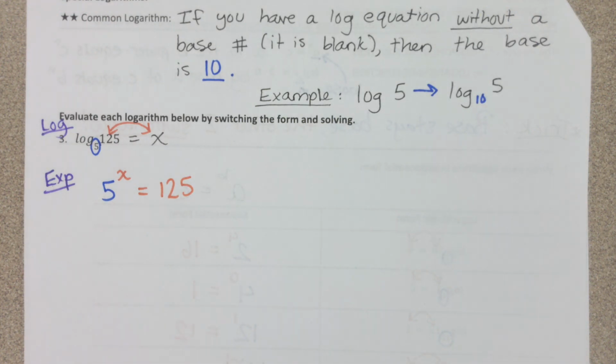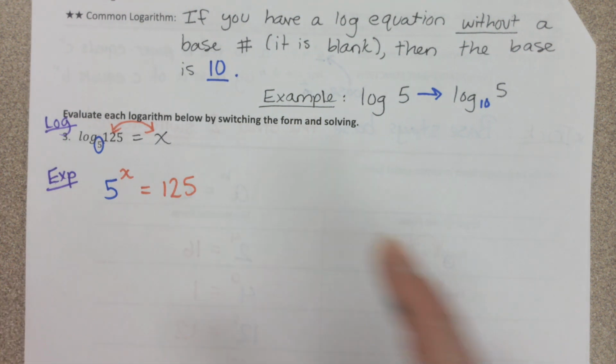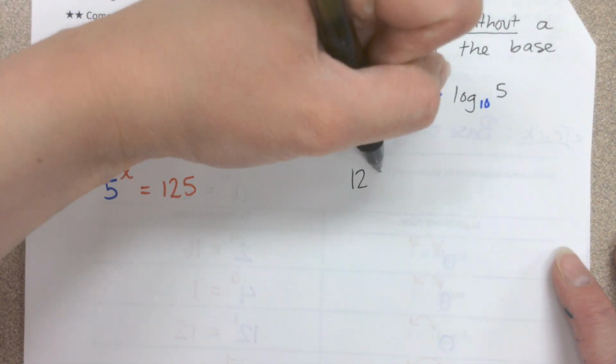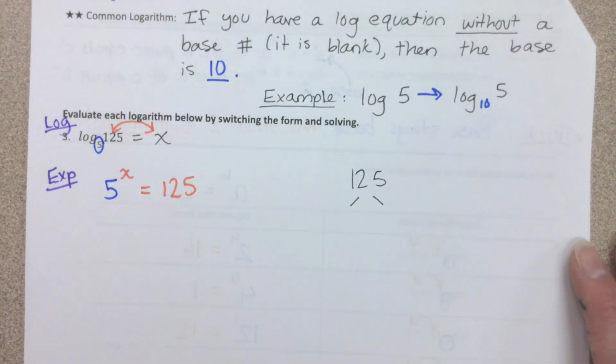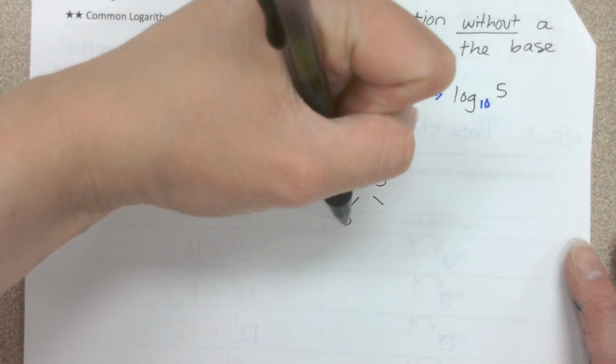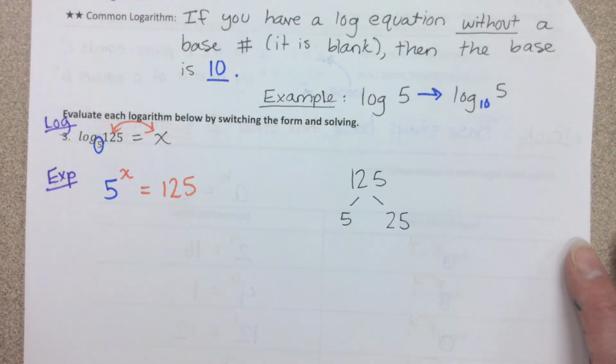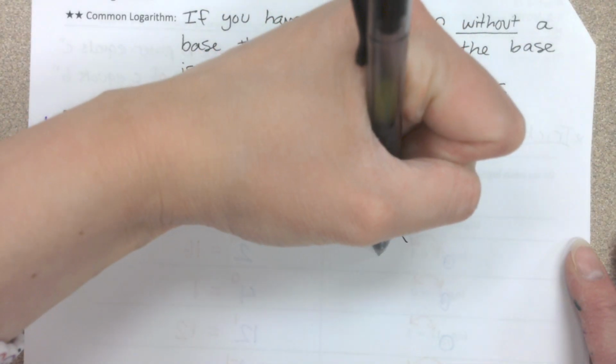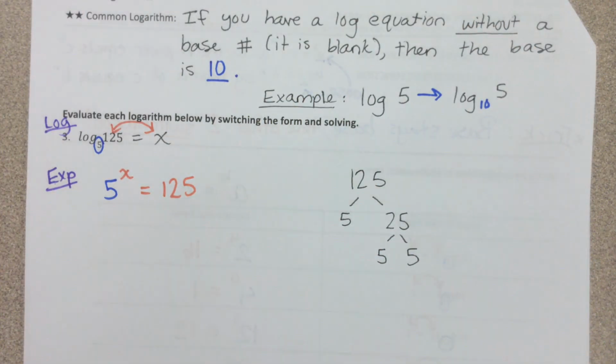From here, this is basically an easier version of what we did yesterday. We need the same base. Let's break down the 125. 125 can be broken down into 5 and 25. And then 25 can be broken down into 5 and 5.